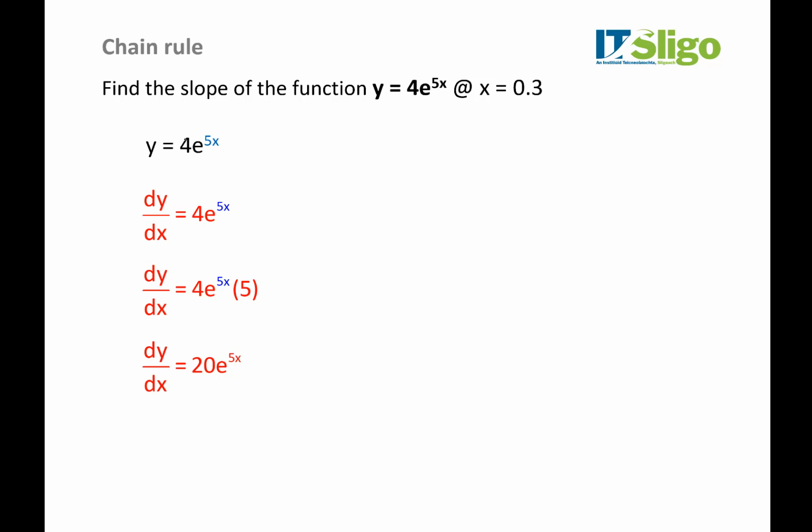So now we're going to feed in. We're interested in, this is the slope function, remember? So we just feed in now, at x is equal to 0.3 into this. And then just get your calculator, and we can then work out the slope at that particular point.